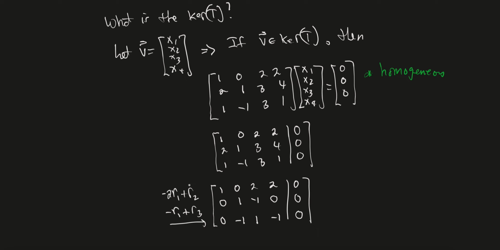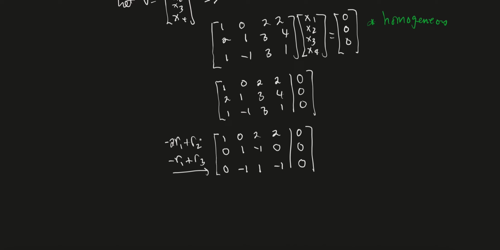So there we go. There's our pivot, so let's eliminate that negative 1. Let's take R2 and add it to R3. We have 1, 0, 2, 2, 0, then 0, 1, negative 1, 0, 0, and adding, we end up with 0, 0, 0, negative 1, 0.